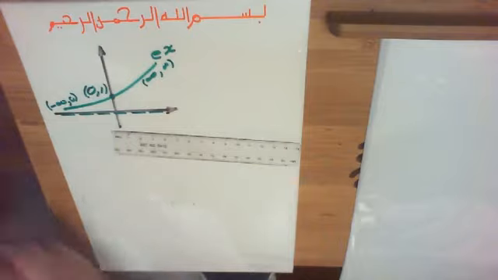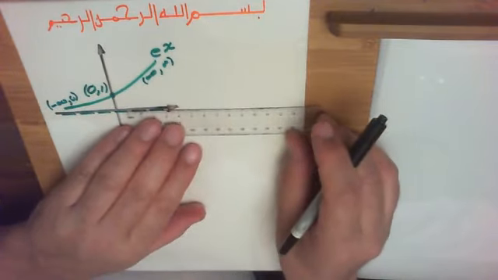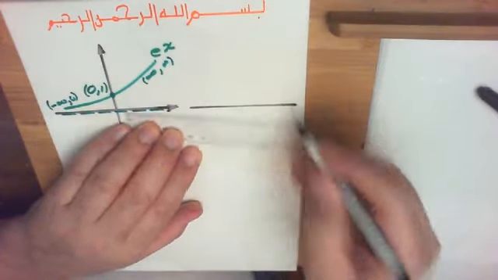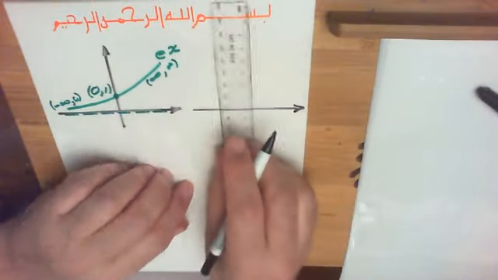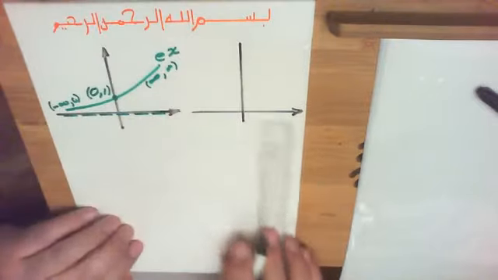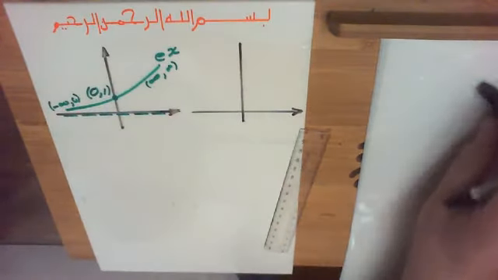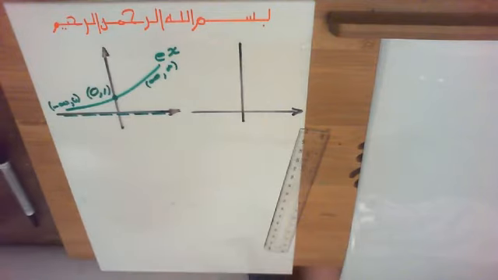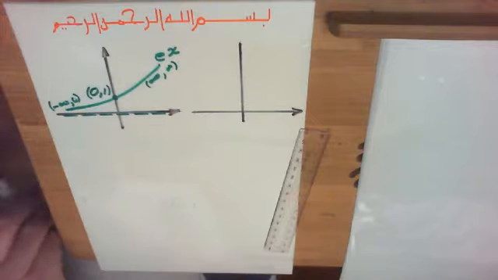Also, e to minus x, as you remember, is the reciprocal of e to x. Actually, both are mirror images of each other around the y-axis.